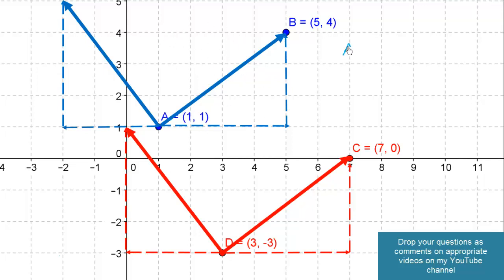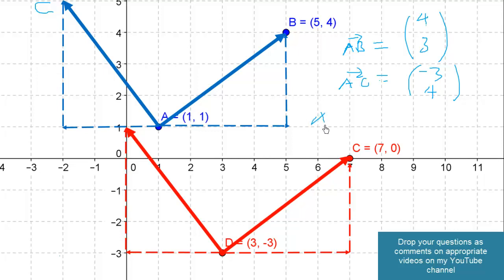We have vector AB with components (4, 3). Then vector, let this be C, vector AC is having components (-3, 4).